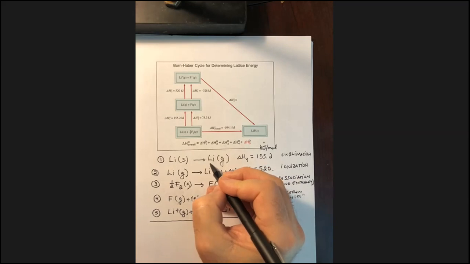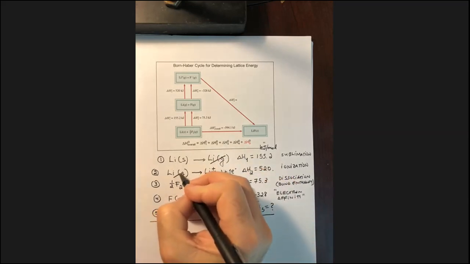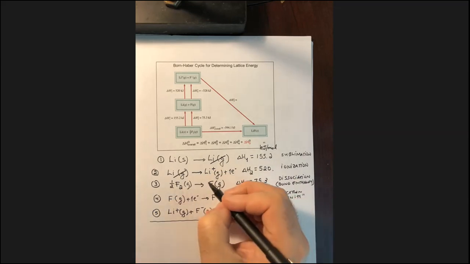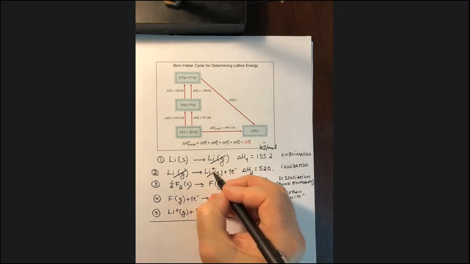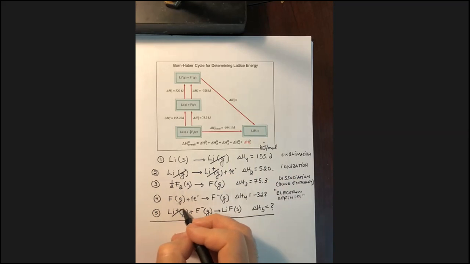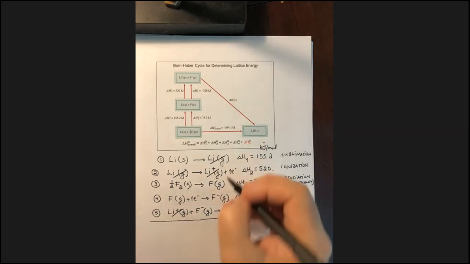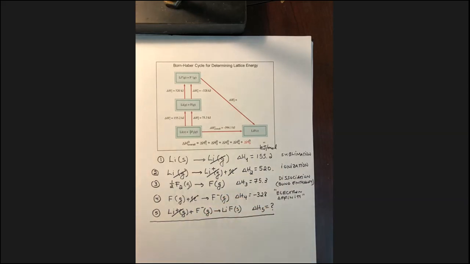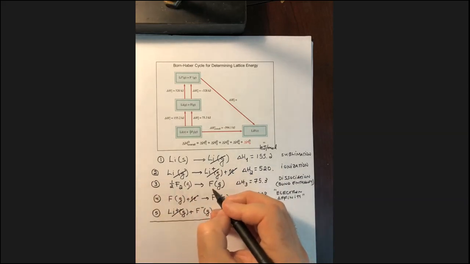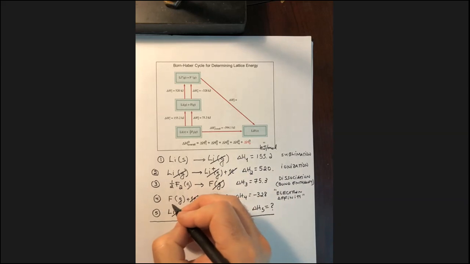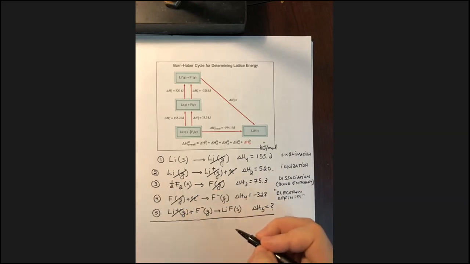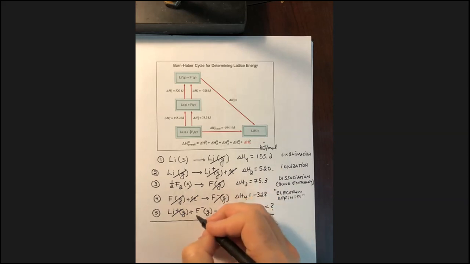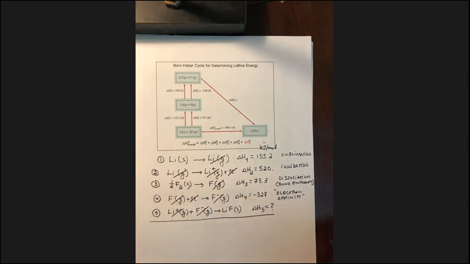So for example, this lithium gas will cancel out there, this lithium gas ion will cancel out over here, this electron will cancel with this one, this monatomic fluorine gas atom will cancel with that one, and the fluoride ion will cancel out with this fluoride ion.